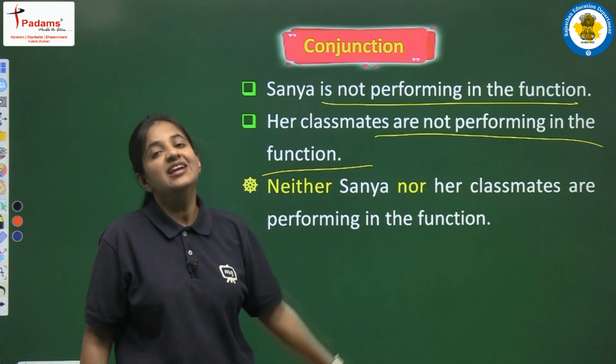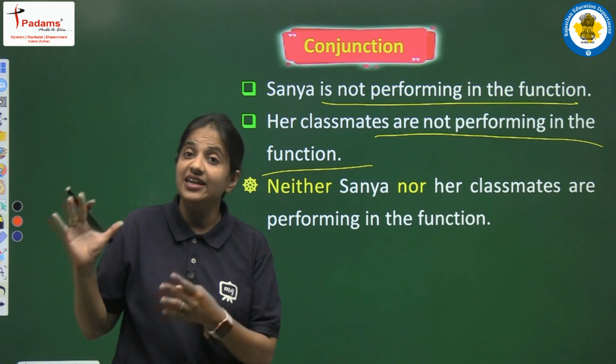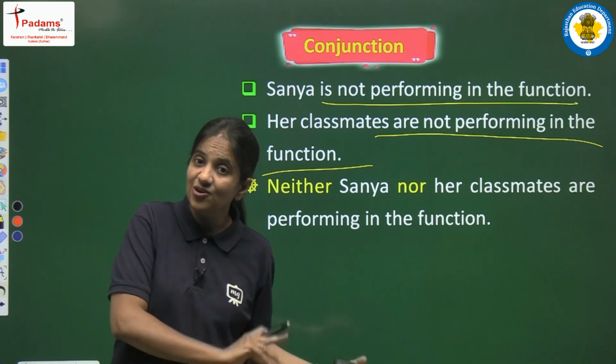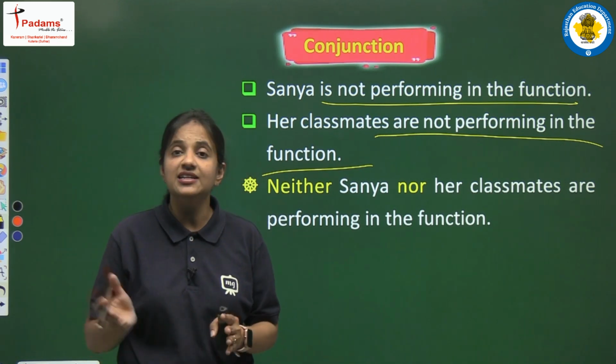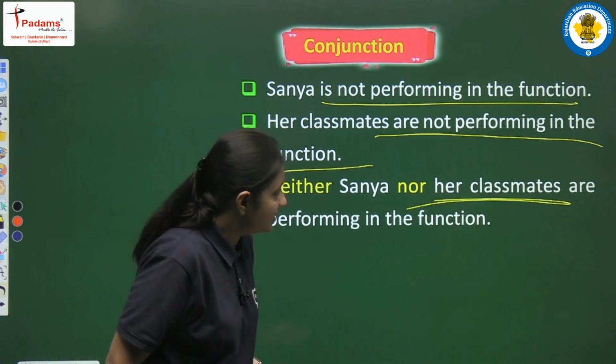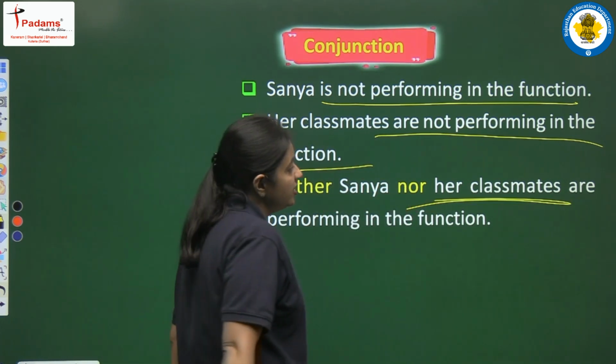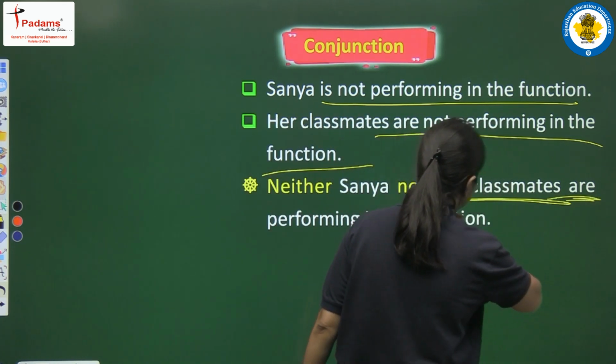This much is clear. Now again we are coming to the verb, and just like either or, in neither nor also we have to look at the second subject when we are applying the verb. So again in this sentence the second subject is a plural one. So according to that we have to write are here. Why?